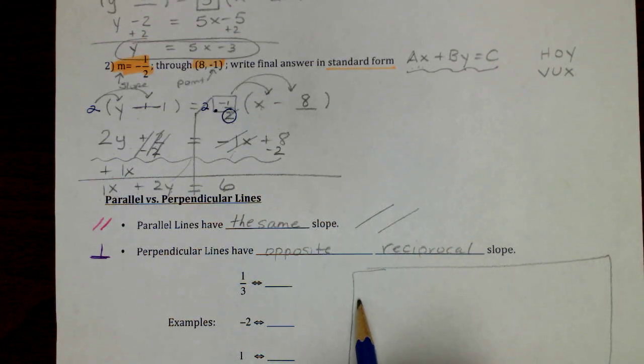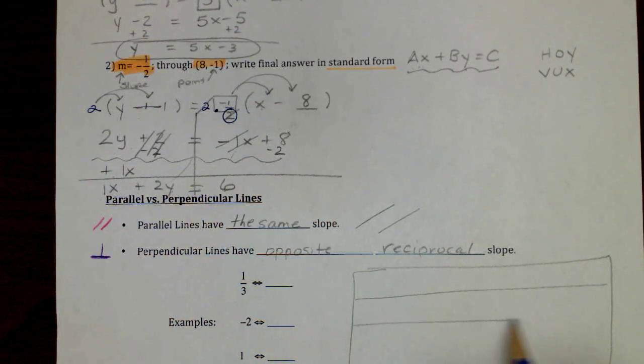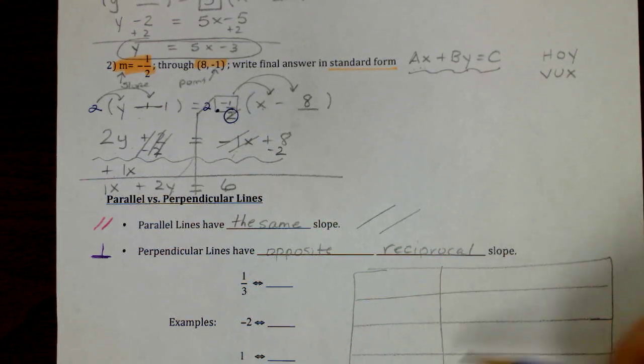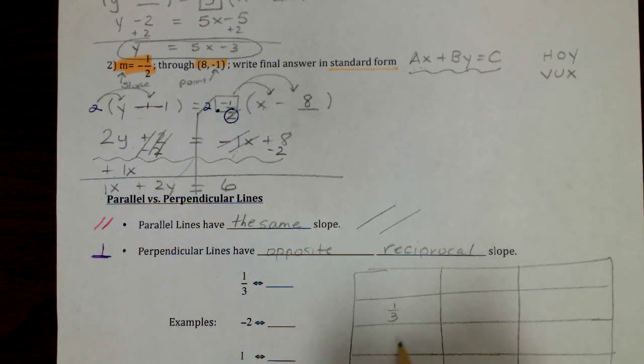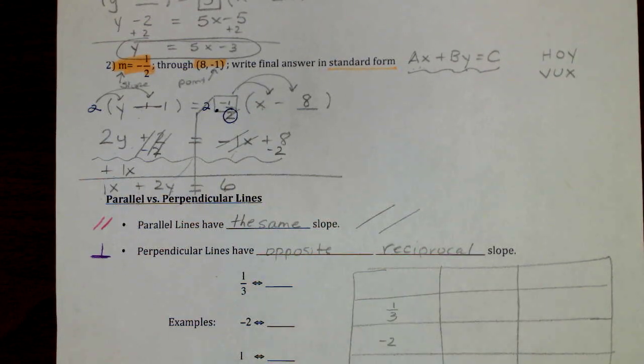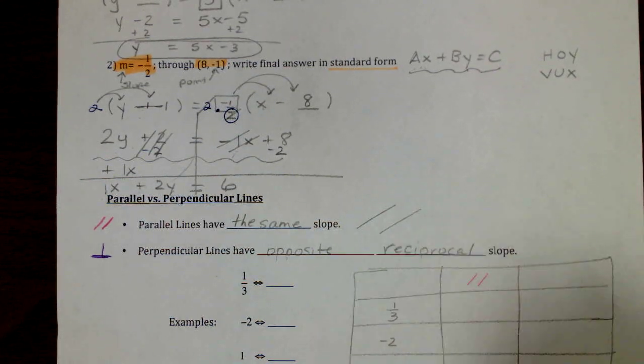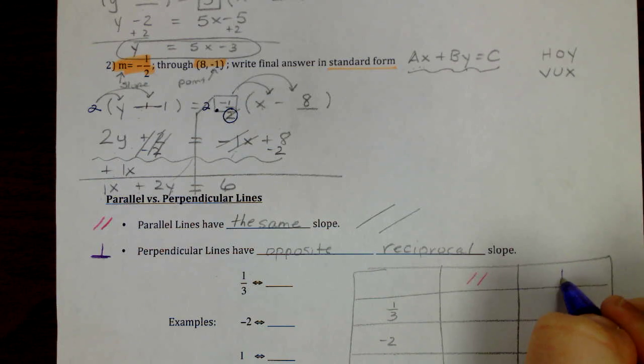Okay, so I'm going to come over here. I'm going to go 1, 2, 3 across. I'm going to come down 3. 1, 2, 3. All right. 1/3, -2, and 1. Then we're going to talk about the parallel slope, and this is going to be the perpendicular slope. Okay.